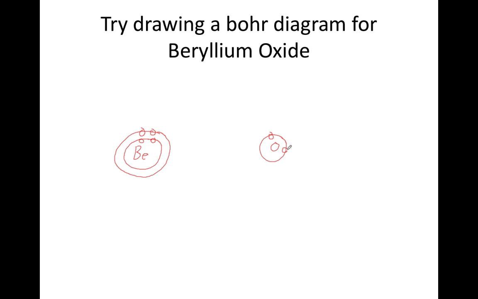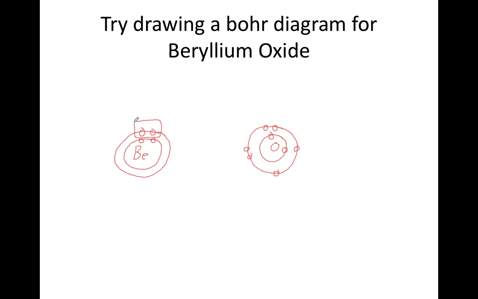So 1, 2, 3, 4, 5, 6, 7, 8. Now, beryllium is going to give away 2 electrons.